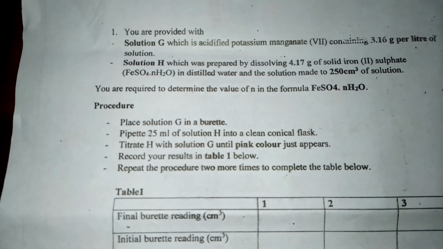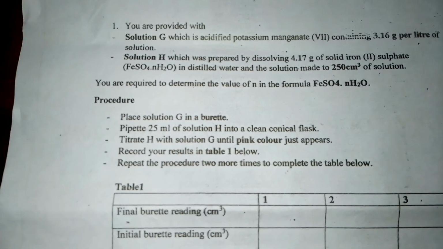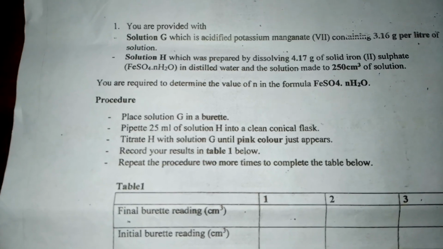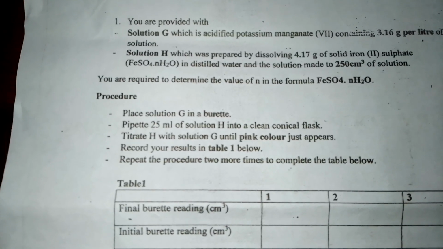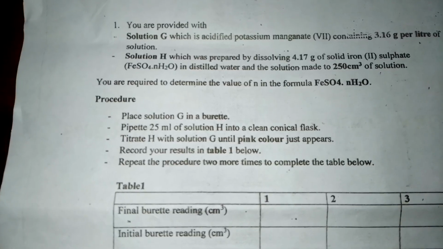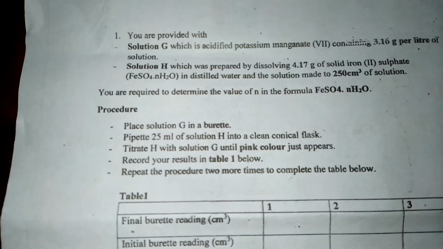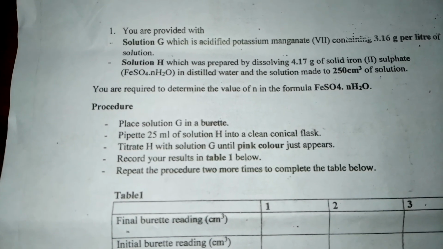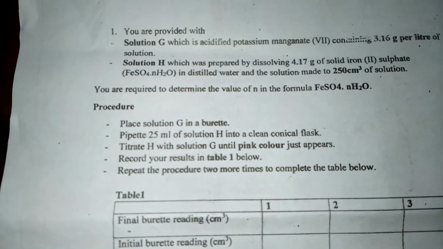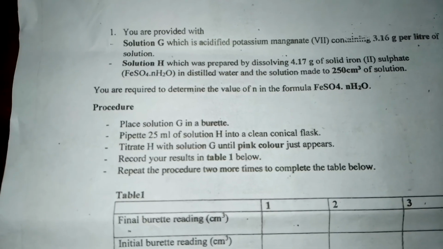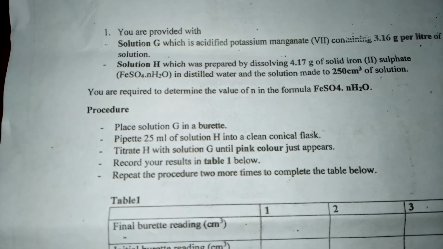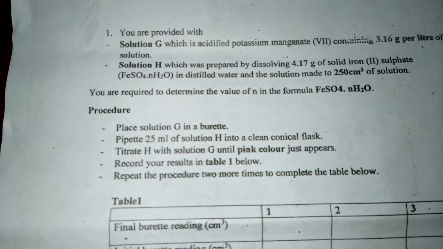Today we are going to proceed with the chemistry, the redox titration, and we are just going to go through some questions here for the volumetric analysis as far as redox titration is concerned. First of all, before we tackle anything, we are supposed to know what the meaning of redox titration is.